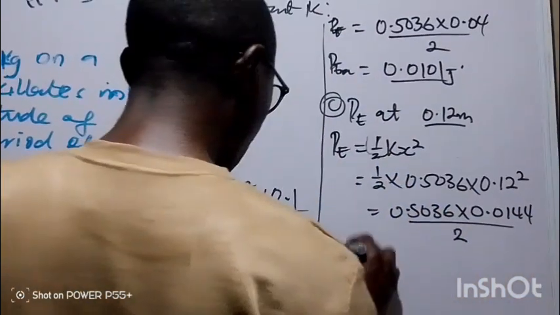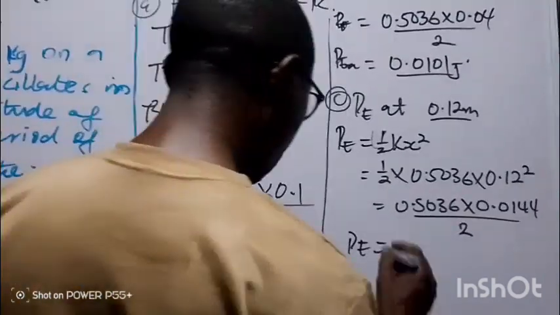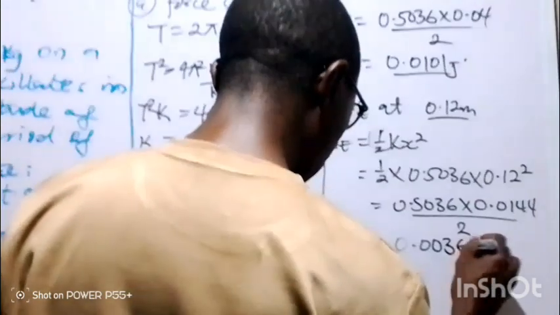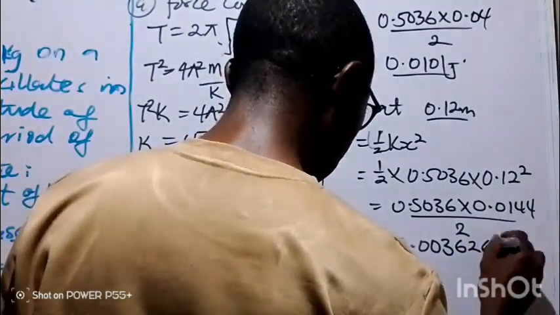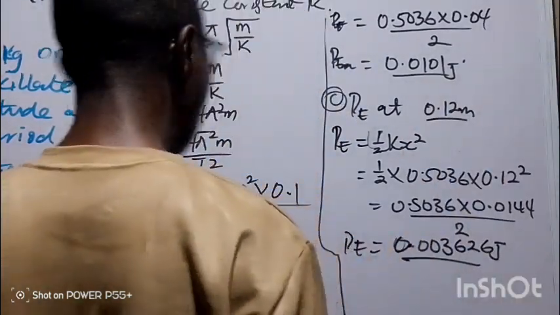So PE at that point will be equal to 0.003626 joule. That's the final answer to that question.